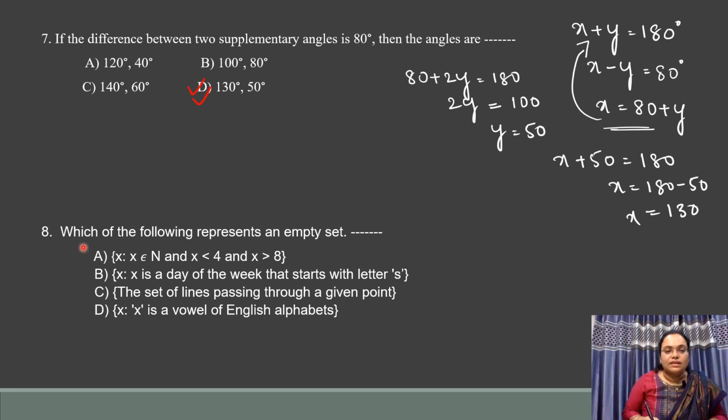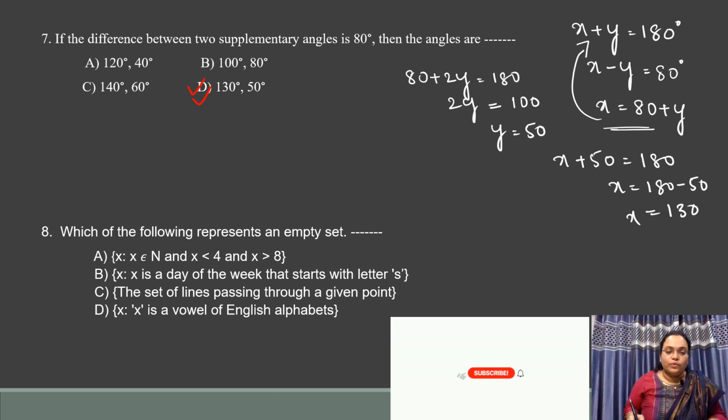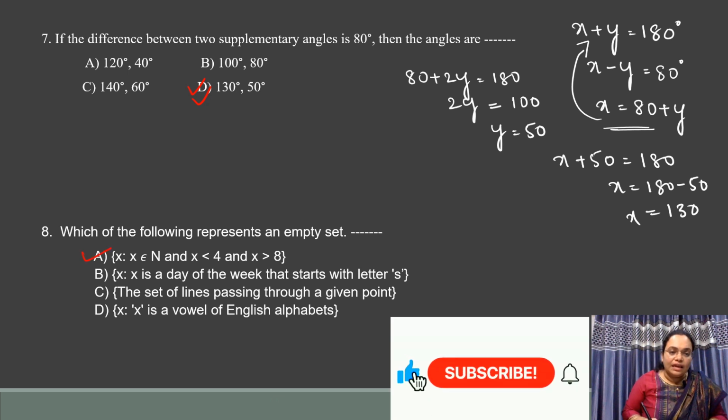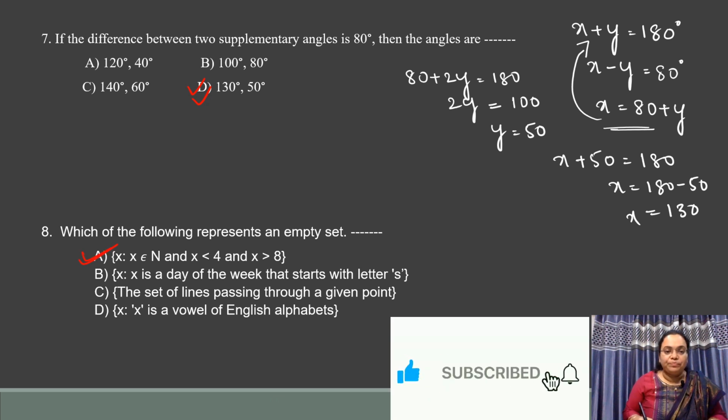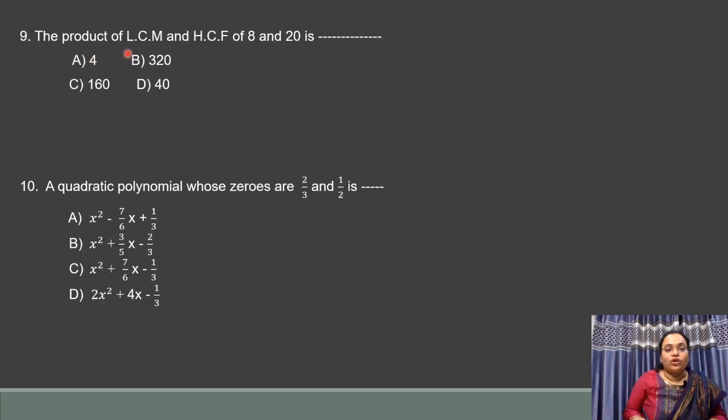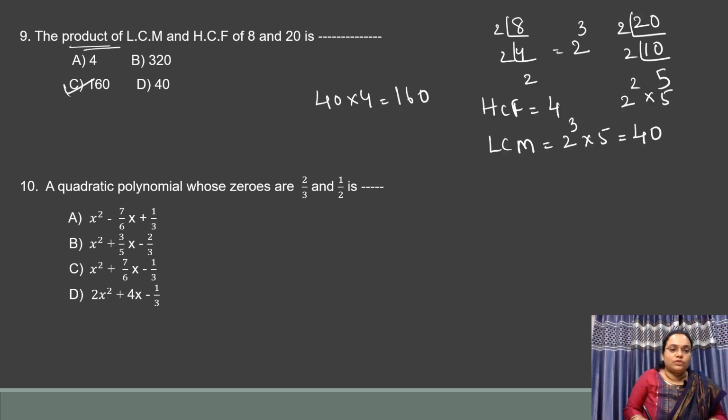The eighth one is, which of the following represents an empty set? See, if you see all the options, you can say A is an empty set, okay? The product of LCM and HCF of 8 and 20. This one, okay?